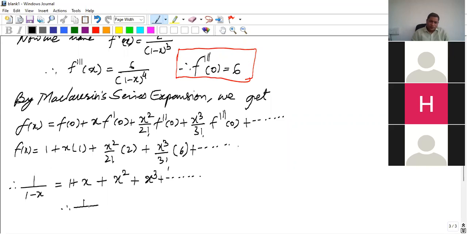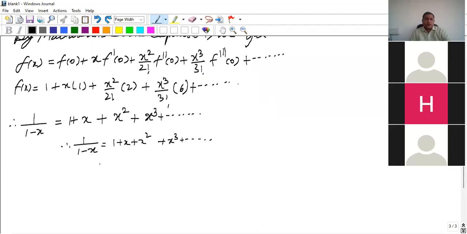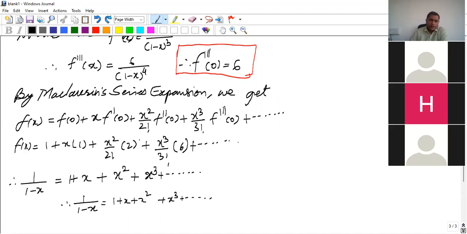So we got 1 upon 1 minus x is equal to 1 plus x plus x square plus x cube. So this is going to be the correct series for the function 1 upon 1 minus x.